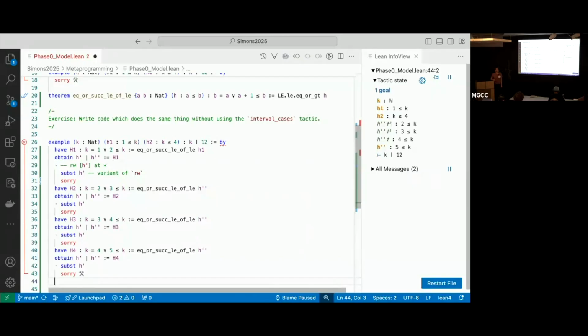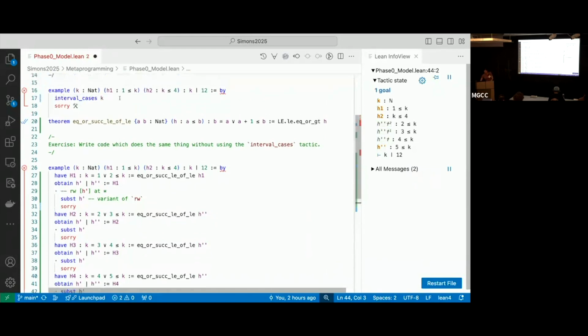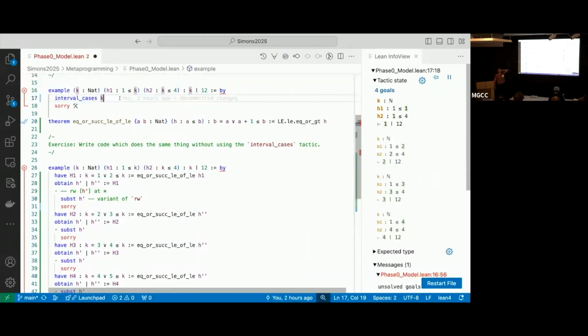Now comes the time to do something different. You can see that at this stage, I've got these 4 goals, which correspond to the 4 cases produced by the original tactic. The original tactic that we're trying to replicate produces these 4 goals of showing that 1 divides 12, 2 divides 12, through to 4 divides 12.